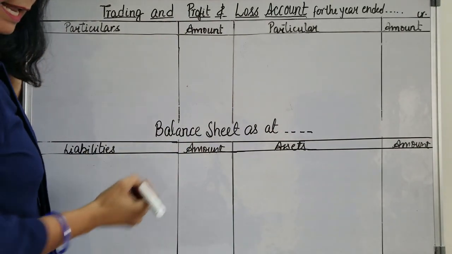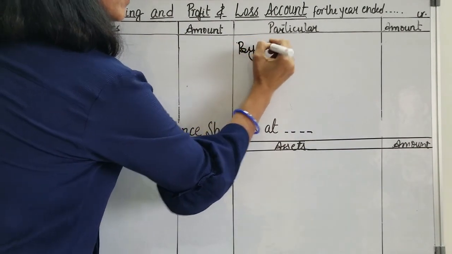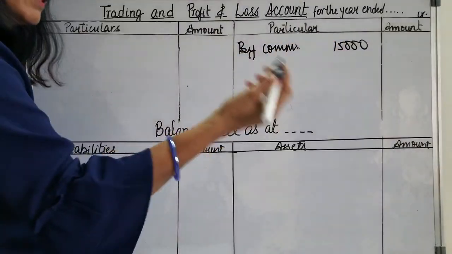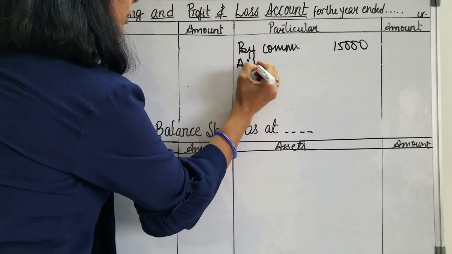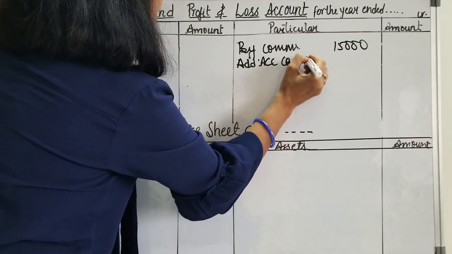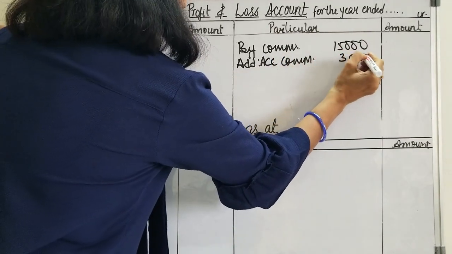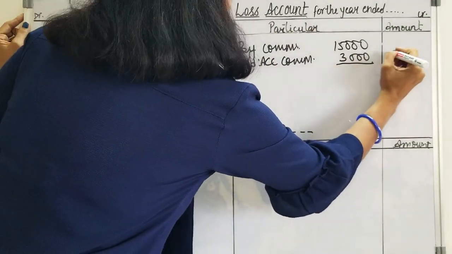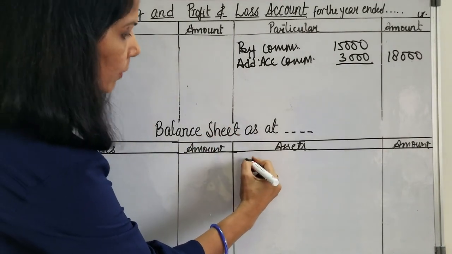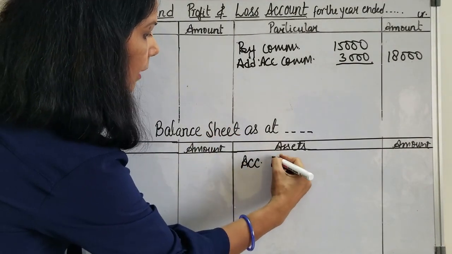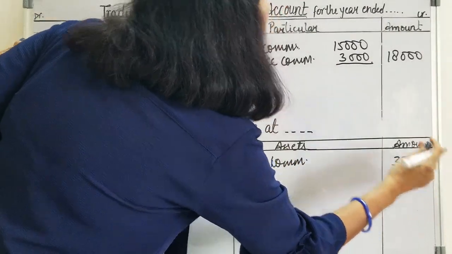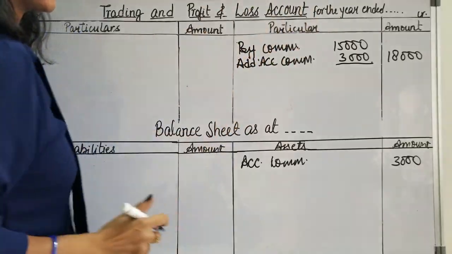So we'll record it like by commission rupees 15,000, and then the amount of accrued commission that actually relates to this year but has not been received by the business will be added to this commission. So the net commission received is 18,000, right? And then on the asset side of the balance sheet, it will be recorded as accrued commission rupees 3,000, because this income actually relates to this year.